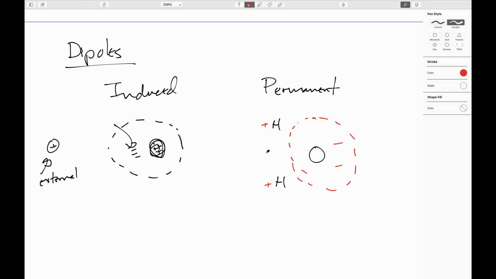So here, if I were to bring a negatively charged rod over here, the whole molecule would rotate around and then again be attracted. With permanent dipoles, the separation of charge is a structural thing. And they tend to be attracted more than induced dipoles because you have to bring them close to bring in the separation to then bring in the attraction. Here, the separation is already a thing.